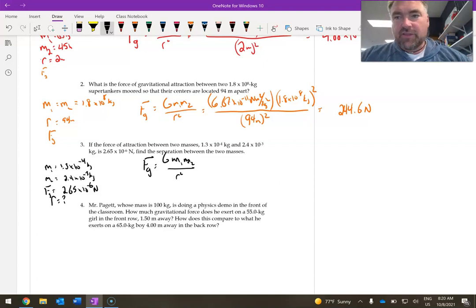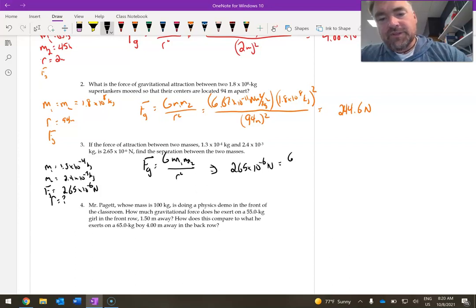And you'll notice that a lot of these have exponents, so if you have difficulty putting this scientific notation into your calculator, come see me, so we'll talk about it and get it cleaned up. So this is going to be 2.65 times 10 to the negative 6th newtons is equal to 6.67 times 10 to the negative 11th Newton meters squared over kilograms squared.